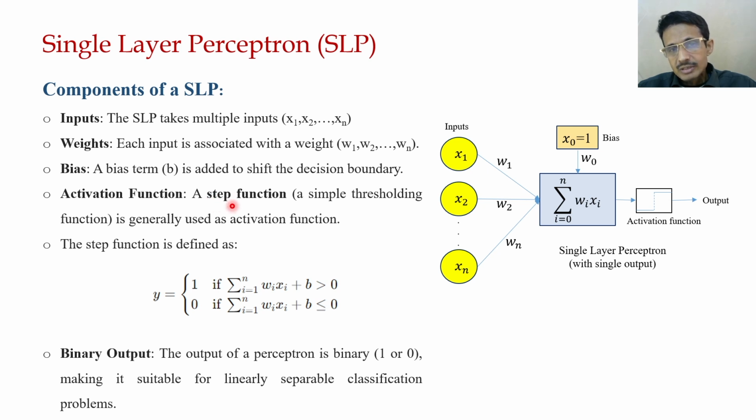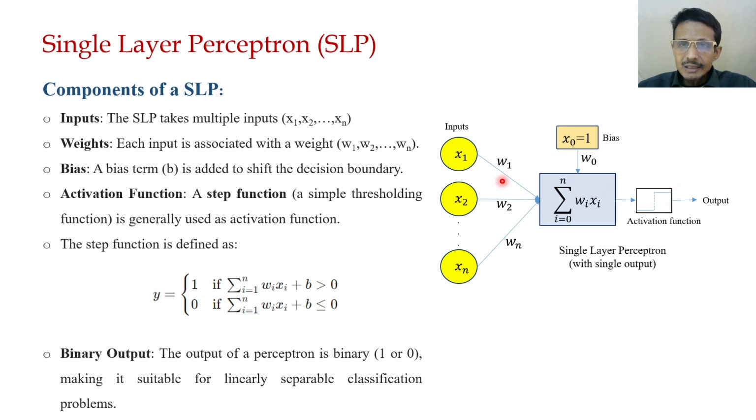Here we use a step function, which is basically a thresholding function. The mathematical description is something like this: if this summation is greater than 0, the output is 1, and if the summation is less than or equal to 0, the output is 0. So simple, this is the activation function.